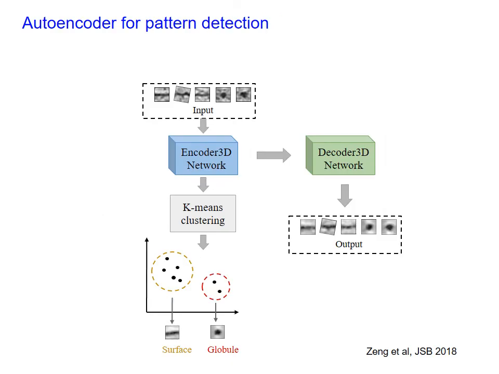We have constructed a 3D autoencoder and use it to learn this low-dimensional representation of the input subtomograms. And then in this low-dimensional space, we perform clustering to group these input subtomograms into different structural classes.